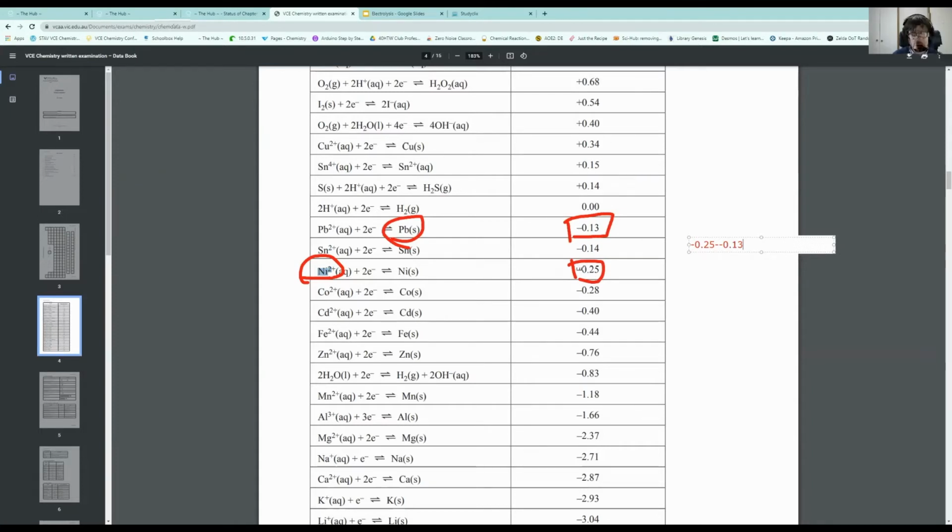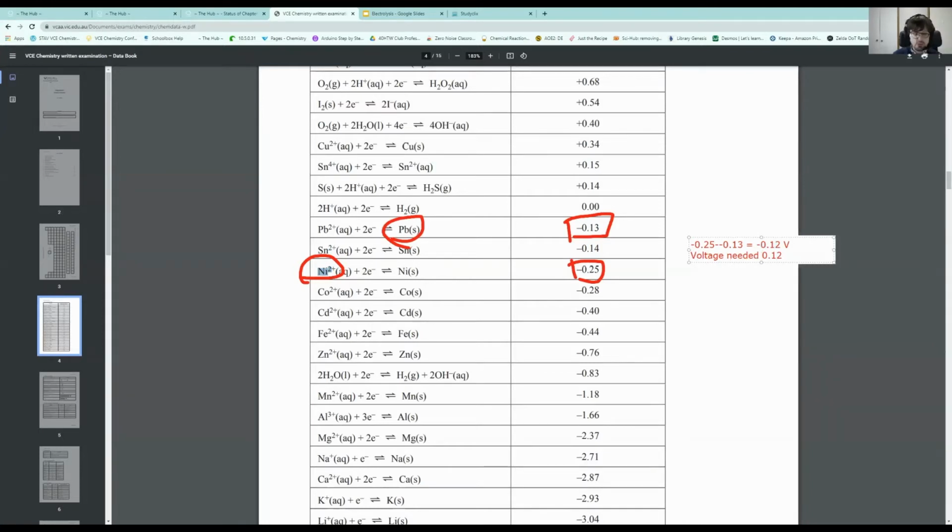So obviously that's going to turn to a positive, and we're going to end up with negative 0.12 volts. All right, so we've got a negative voltage, so we know it's an electrolytic cell. And the voltage needed is always going to be the positive version of this, so the absolute value.